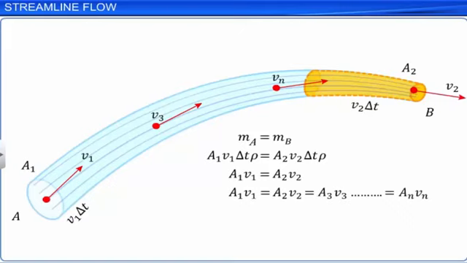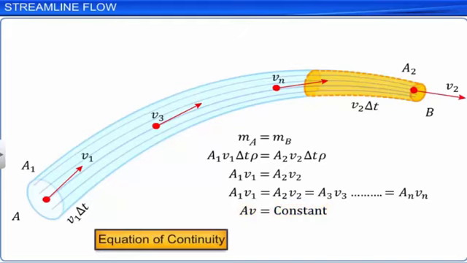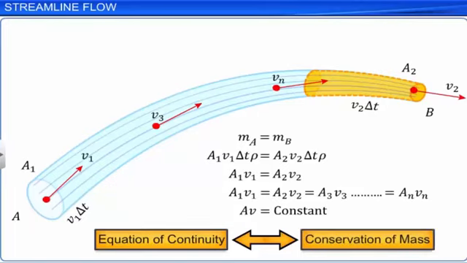Thus, we can say AV is constant. The equation of continuity is valid as the product of area of cross-section and speed remains the same at all points of a tube of flow. The equation of continuity represents the conservation of mass in the case of moving fluids.